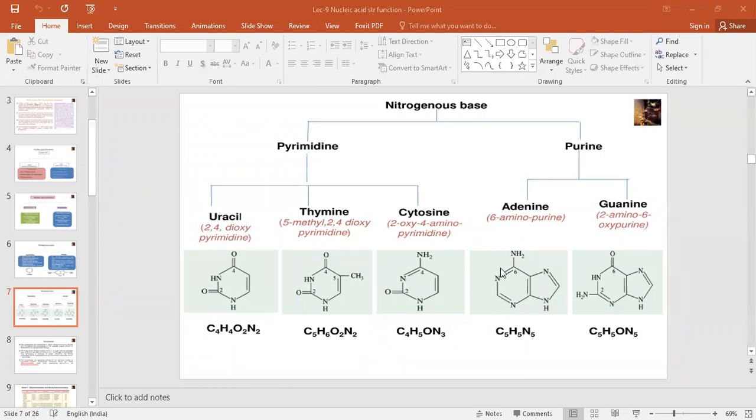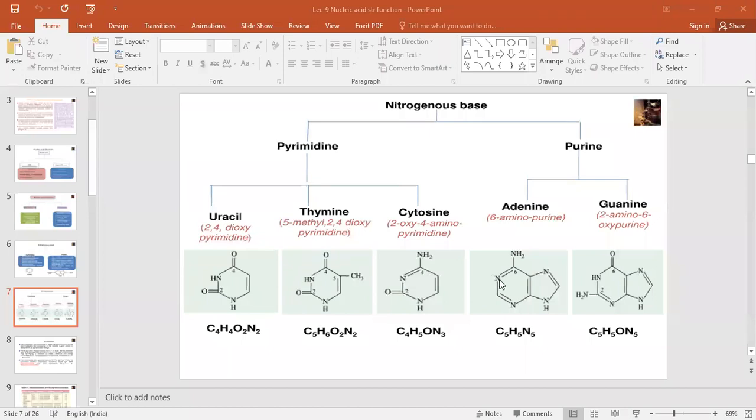Okay, so first of all, you have to draw the basic structure of purine. How to draw? From start to this N: N, C, N, C, C, C, N, C, N. After drawing this structure, you have to give the numbering. You have to start the numbering from this nitrogen, and you have to go anti-clockwise because this is a purine.